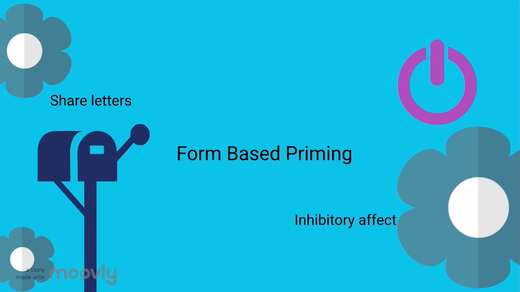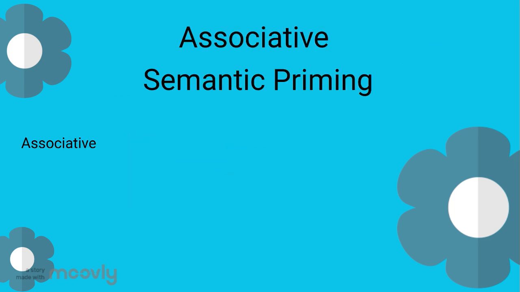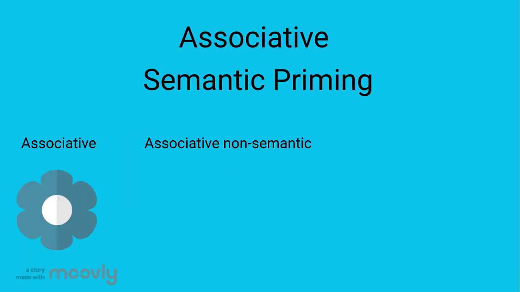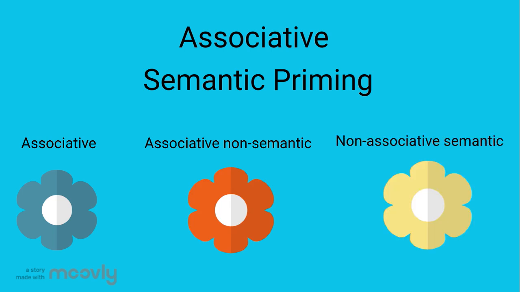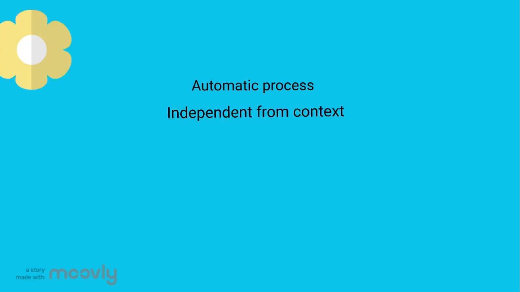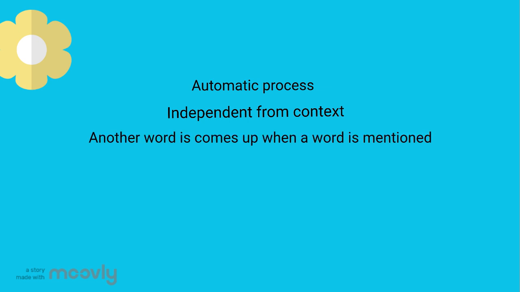So when it comes to semantic priming, there's three types. There's associative, there's associative non-semantic, and also non-associative semantic priming. Associative priming is an automatic process that takes place as it is subconscious and is independent from the context. It does not rely on the context of the whole sentence, and it is the word that actually comes up when another word is mentioned.